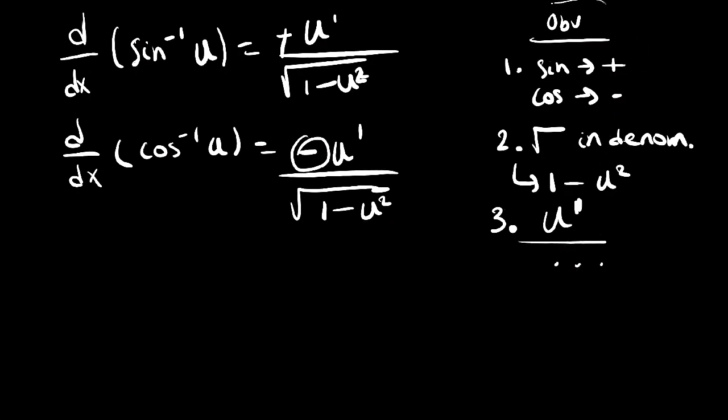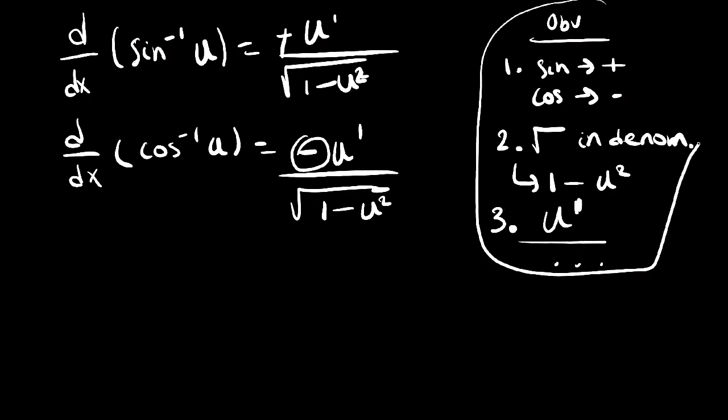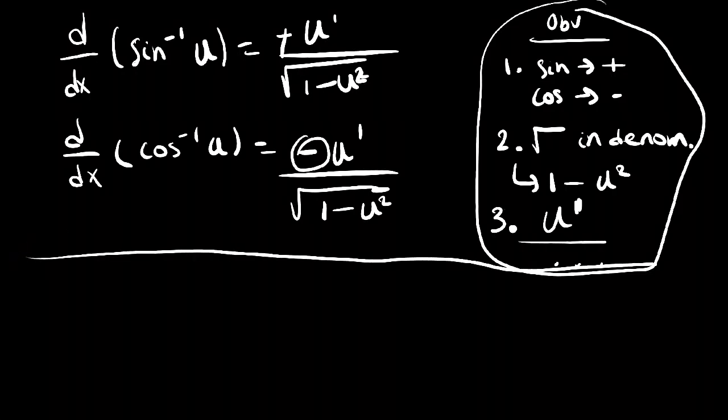So these are the three observations we can make for the inverse of sine and cosine. Let's see if we can fit cotangent and tangent here, so that we can also observe these in relation to the ones up here, sine and cosine.